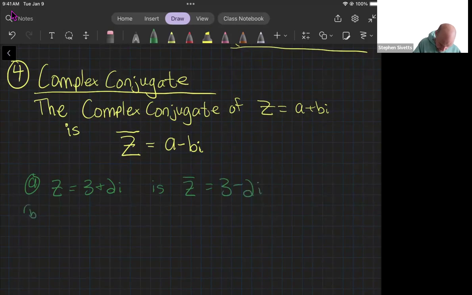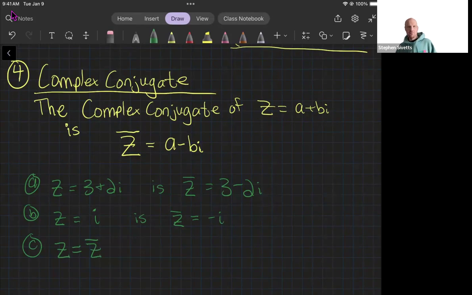And also, if Z is equal to I, the complex conjugate is Z bar equals minus I. And there's an exercise: what would be the numbers in which Z is equal to its conjugate?